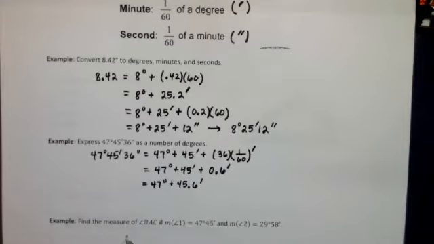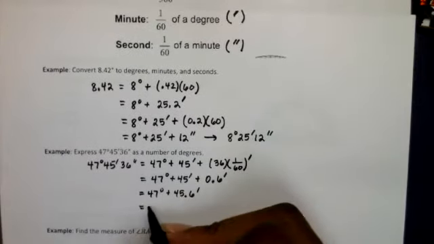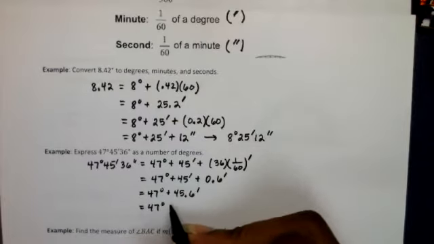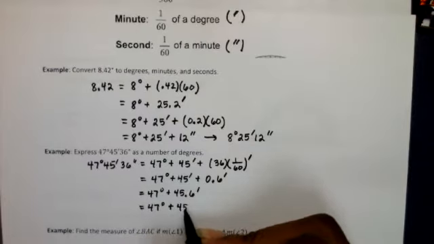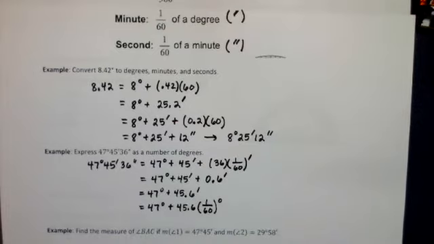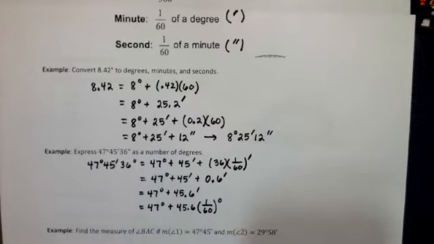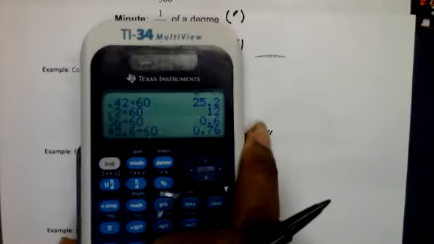Now I'm going to go from minutes to degrees. Well, the minute is 1/60th of a degree. So let's do this. Bringing down the 47 degrees, and then 45.6 would be multiplied by 1/60th of a degree. So actually I can do 45.6 divided by 60. I'm going to get 0.76 as the answer.